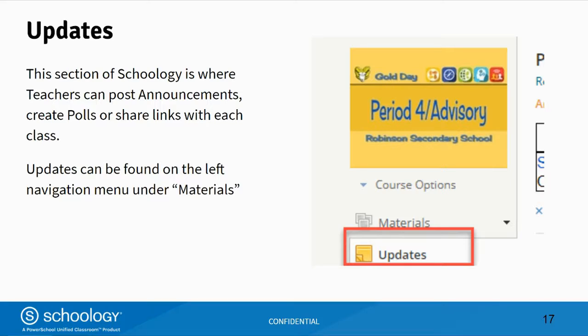You can see in the image here, there's the course icon, and then just below that, you see materials and then updates. If you click on updates, this is where a teacher could post some announcements, maybe have some polls or share some other links relevant to their class. So again, updates is just one area where you might get some information about what's going on currently within that course.